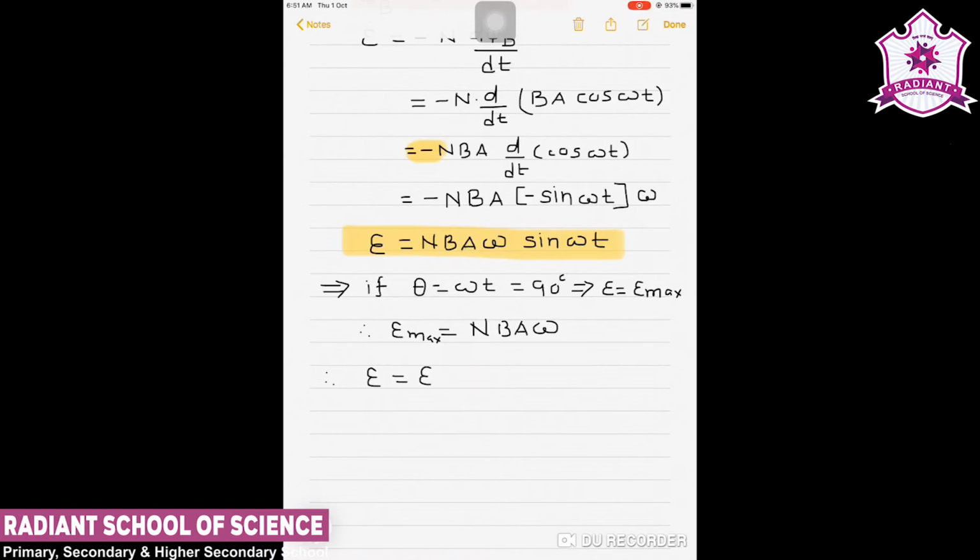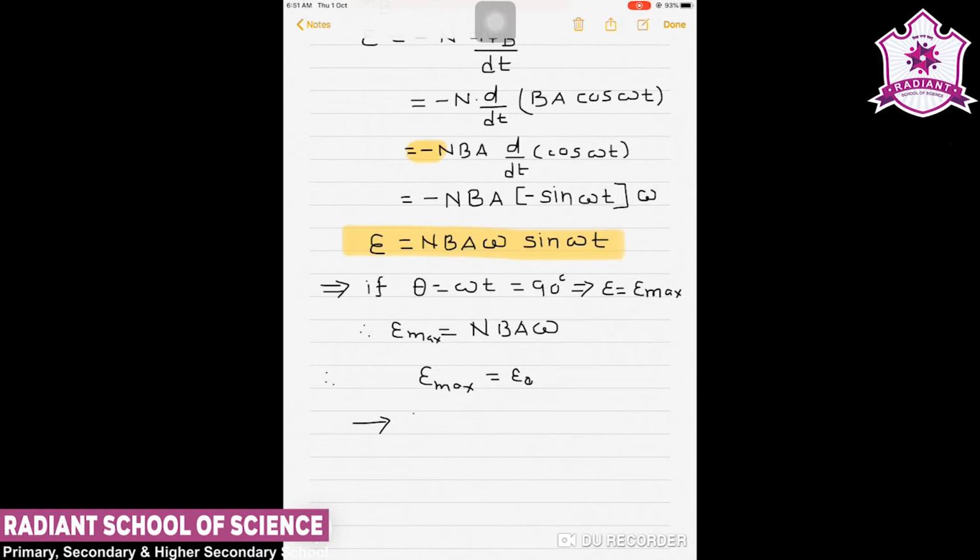So if we replace it, then we can get a new representative equation, that is E is equal to E maximum, which is also denoted by E0. So E maximum is also represented by E0 in some books. In our textbook also they have written it as NAB omega equals E0.